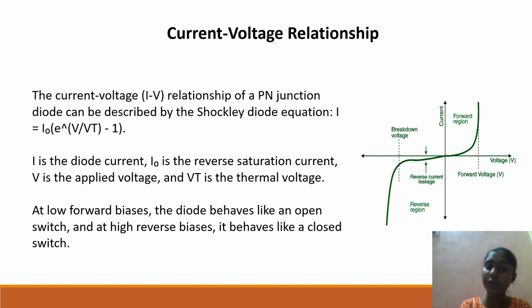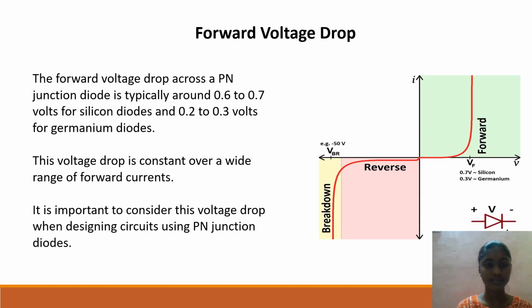I is the diode current, I naught is the reverse saturation current, V is the applied voltage and VT is the thermal voltage. At low forward biases, the diode behaves like an open switch, and at high forward biases, it behaves like a closed switch.